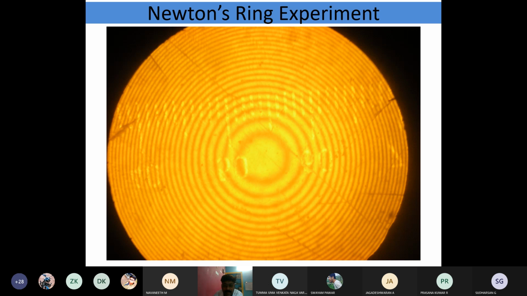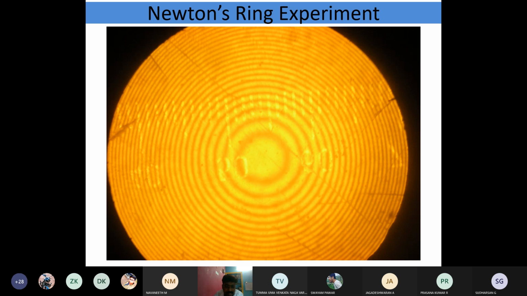Here we are going to consider the left and the right side, not the top and bottom side. With the help of the traveling microscope, in the eyepiece section, we have two cross wires, a vertical wire and a horizontal wire.